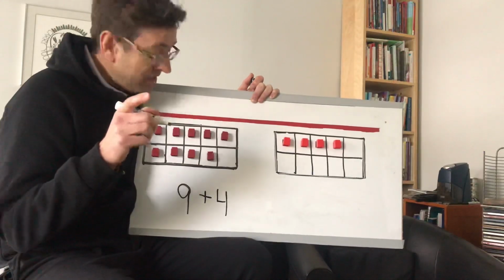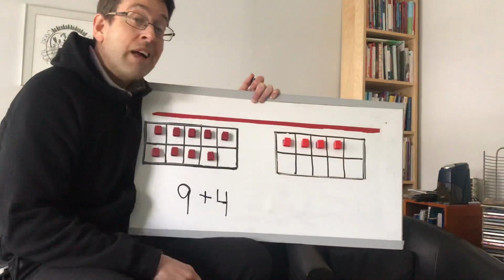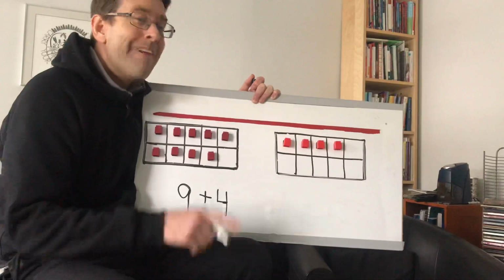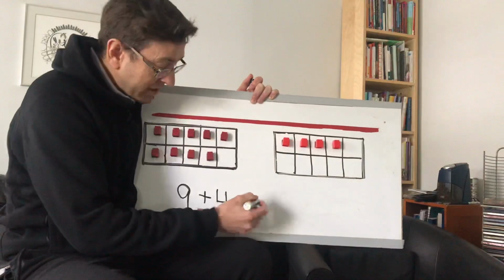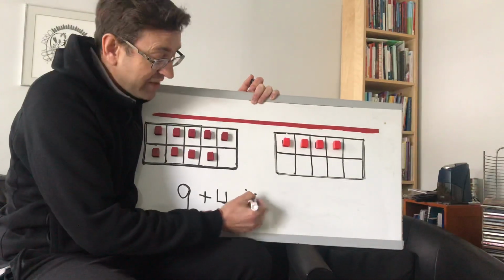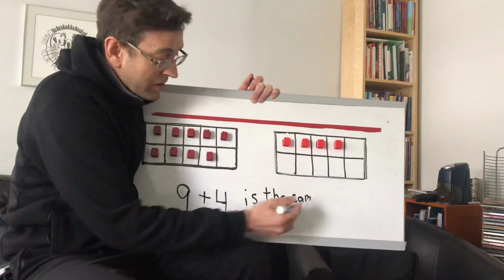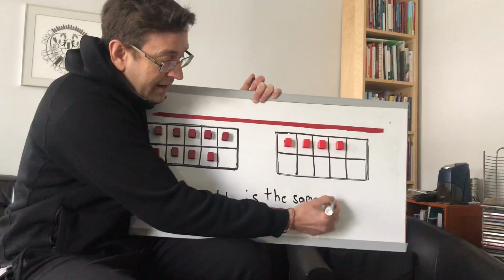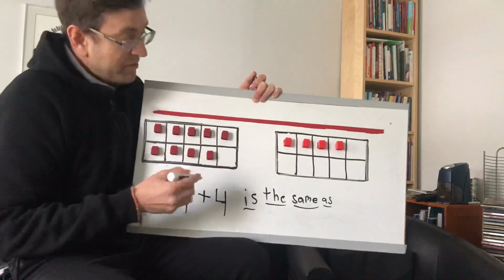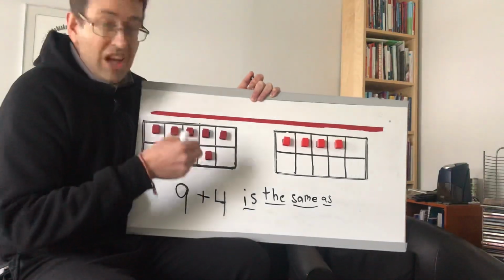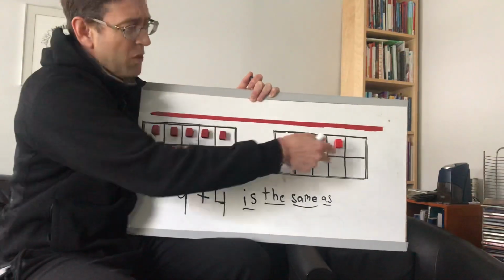And a lot of mathematicians don't look at this as 9 plus 4. You know what a lot of mathematicians do? I can see some of your brains working right now. A lot of mathematicians think of this as the same as, so 9 plus 4 is the same as, a lot of mathematicians will use that friendly or familiar landmark number of 10 and they'll say, wait.